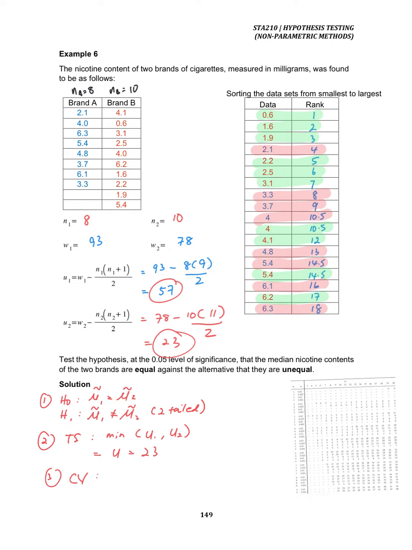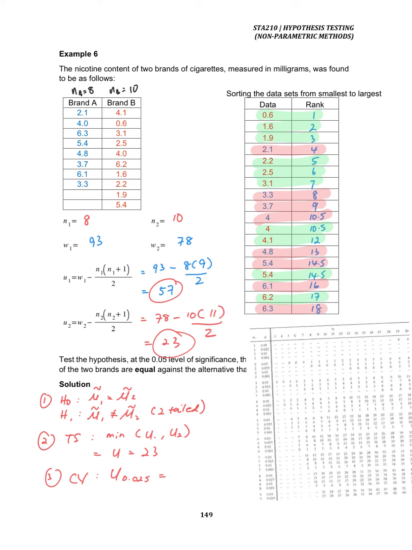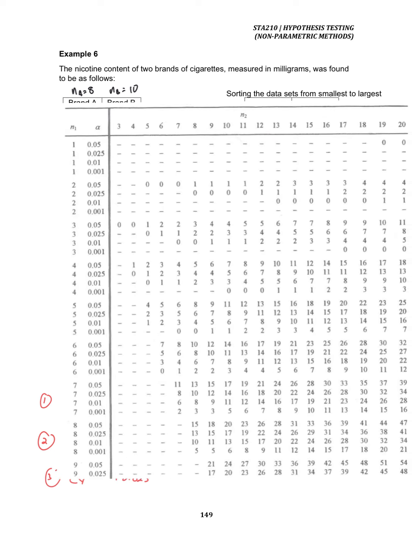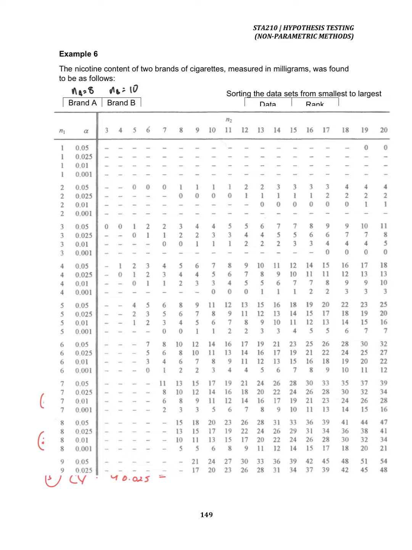So our critical value is U alpha over 2. So alpha is 0.05 divided by 2, alpha 0.025. Now kita akan refer table 19. Kita cari N1 kita 8, N2 kita 10, at alpha 0.025.